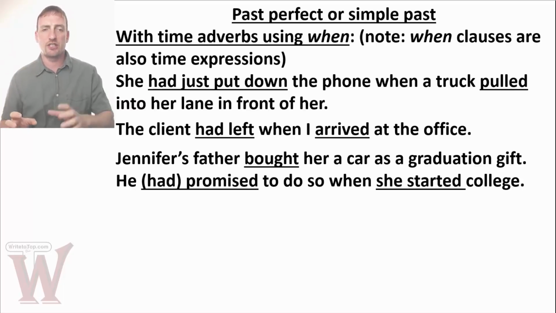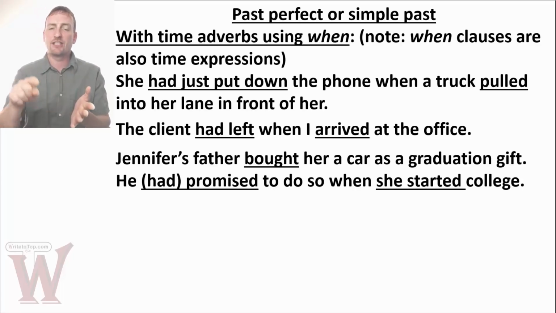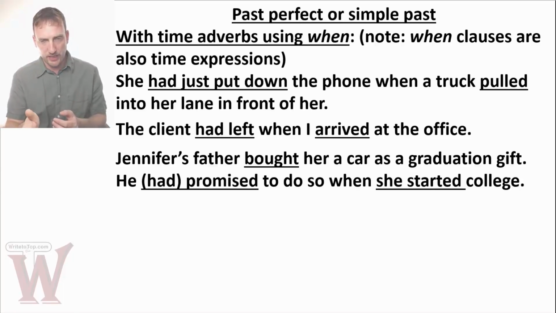So started college and promised happened at the same time. Or you could say he had promised in relation to bought. So he bought her the car when she graduated. Before he bought her the car, he had promised to do so. So again, it depends which one you want to relate to. Both could be okay. Both will essentially mean the same thing. So it's up to you whether to use it or not.